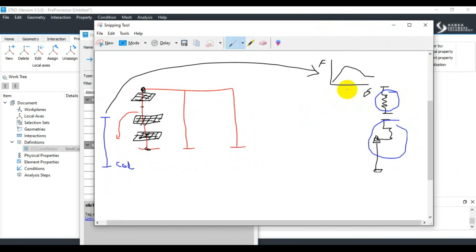Let's assume this is the failure surface curve of this column. By a collapse limit state, we mean that if a certain response is achieved, then instead of going straight and resisting that, OpenSees, based on the material parameters, will trigger that limit state, degradation will start, and the failure will be activated in this model.